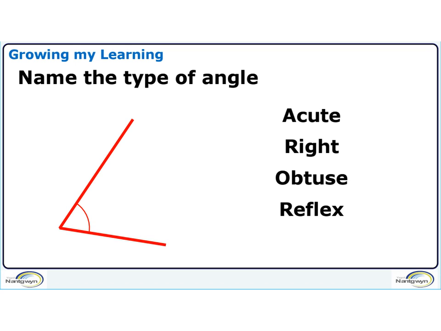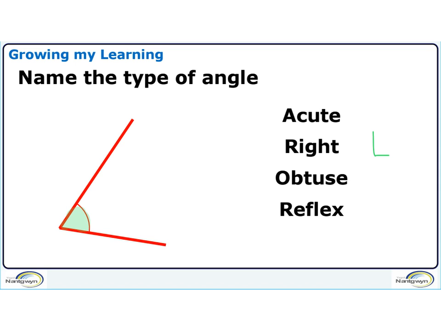So now we're going to move on to look at the names of different types of angles. We are always looking for where we've got the arc. So I'm looking at this bit here inside the shape on this question. We know a right angle is a perfect L. So is this larger or smaller than a perfect L?